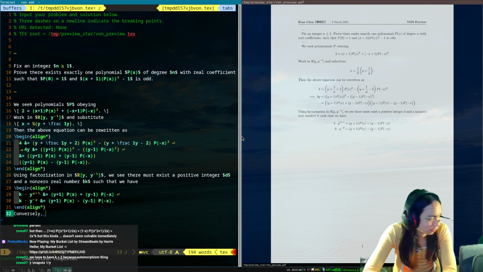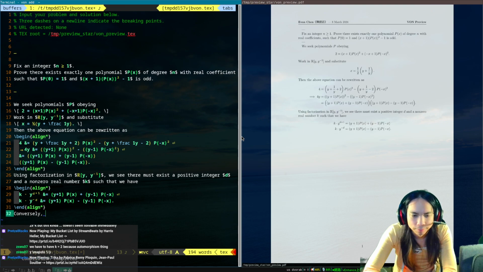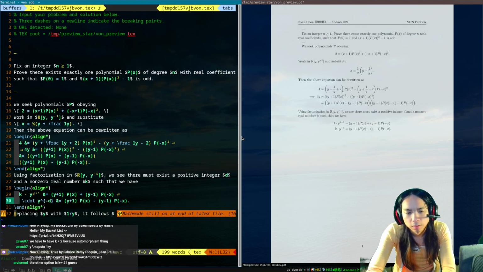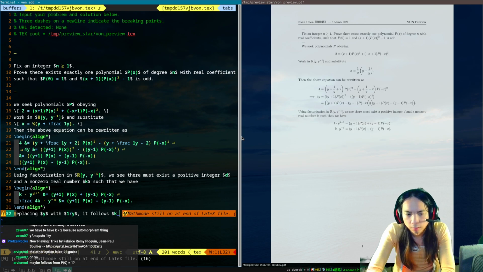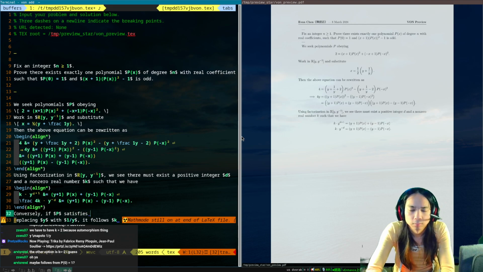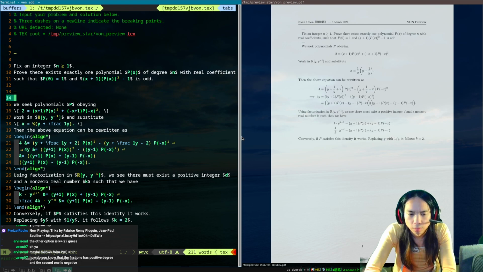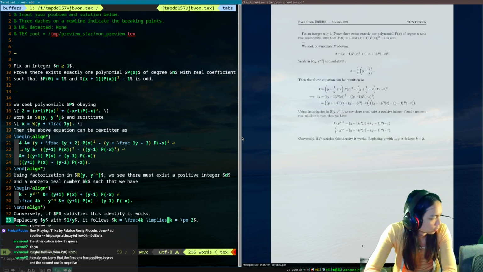Can I just look at the leading coefficient? y maps to 1 over y. Oh. Yeah. Has positive degree.